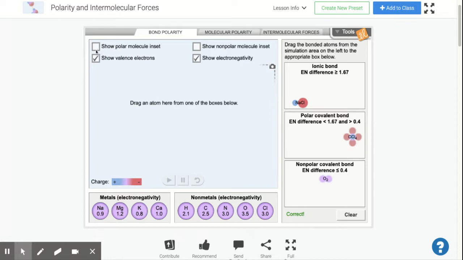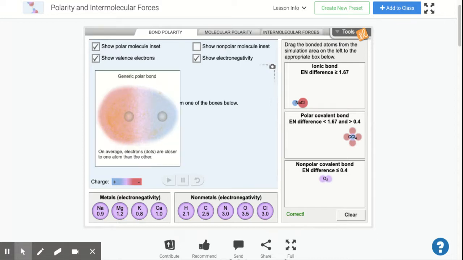And then here, if you click this box, this is just giving you an example of what a polar bond would look like. So polar bond just means this is a covalent bond and they're sharing their electrons. You can see the electrons, but obviously one side has a stronger hold on those electrons.